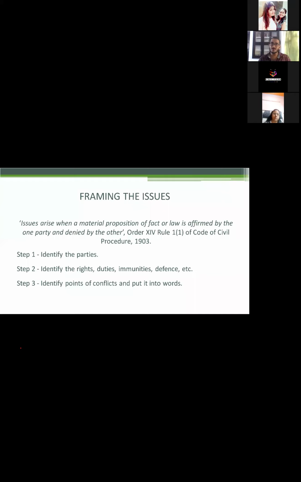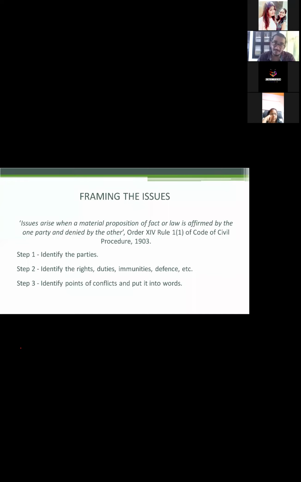Only if there is a conflict between both those parties, and this conflict is relevant in law, can issues arise from those. For instance, if a public interest litigation is filed by an NGO, it is a public matter and it touches the rights of the public.